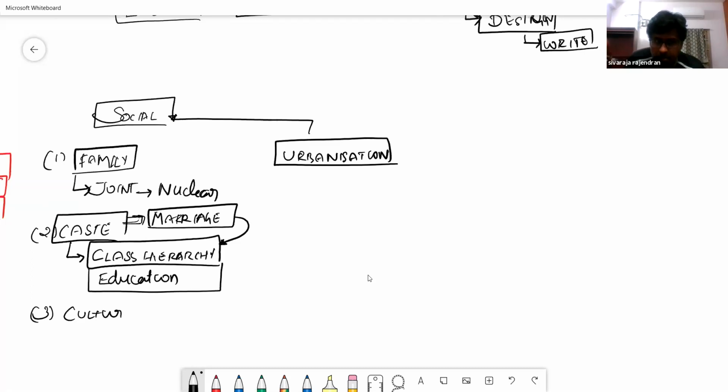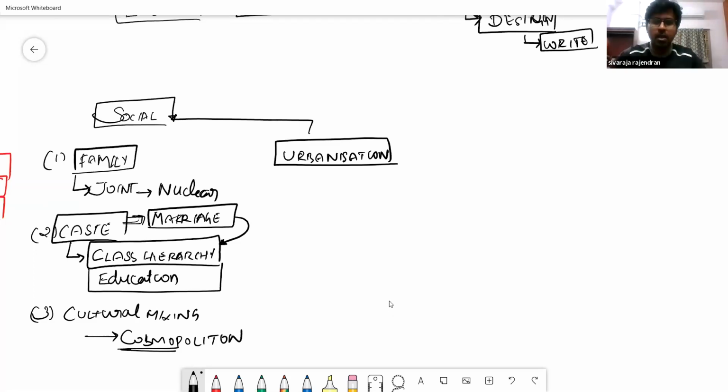Next, someone said, very good, cultural mixing. What is this cultural mixing? This is what is called cosmopolitan. What is a cosmopolitan city? They keep saying cosmopolitan city. Many people from different zones, for example a person from a rural area will be there, a person from the northeast, a person from north India, people from different zones will come to Chennai, or Bangalore, or Hyderabad, or go to Bombay, or Delhi.